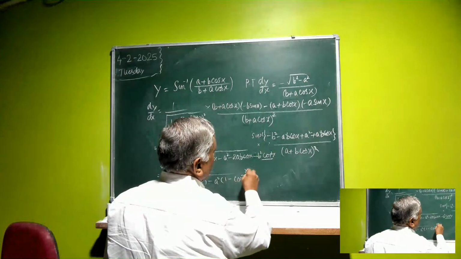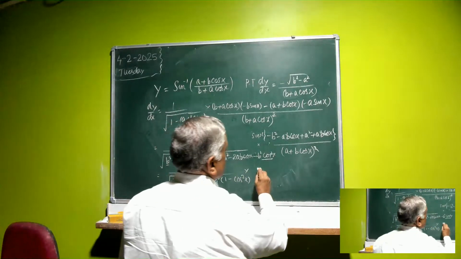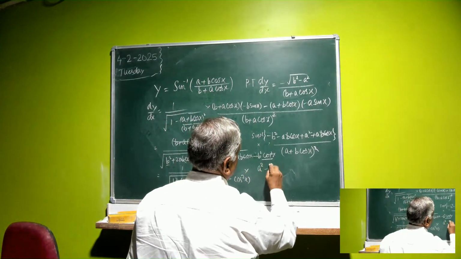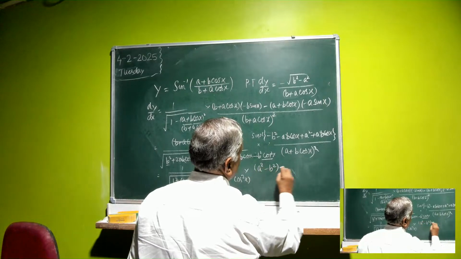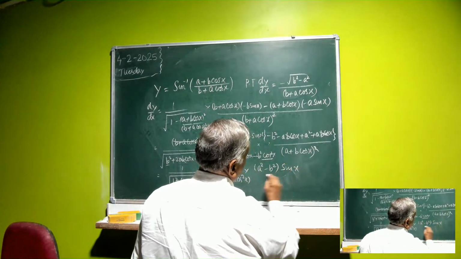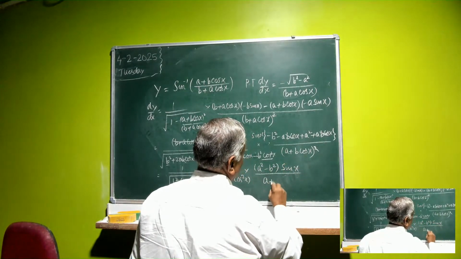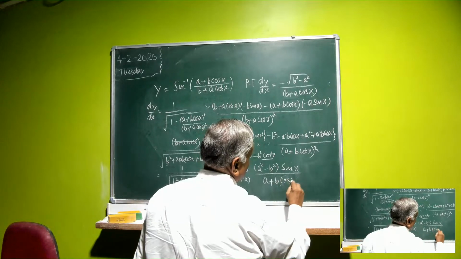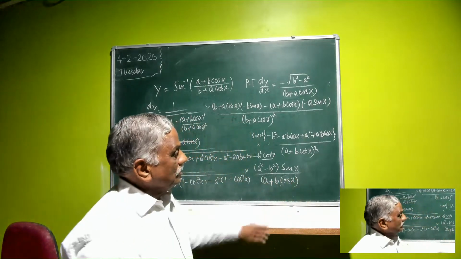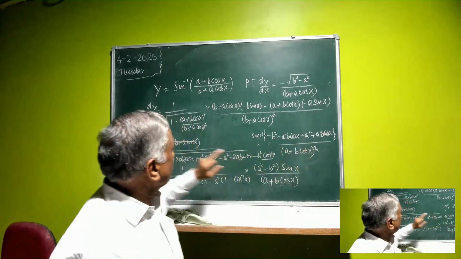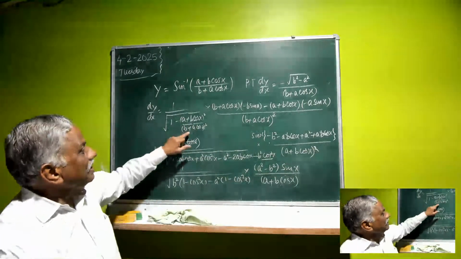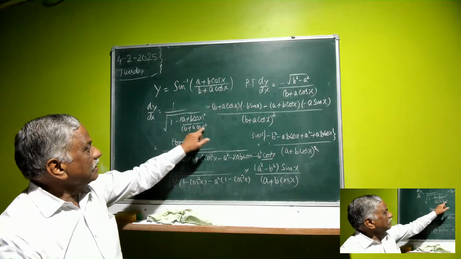This multiplied by a square minus b square sin x over a plus b cos x. Okay, you got whole square here, but you have cancelled it with this. And repeat this b plus a cos x.